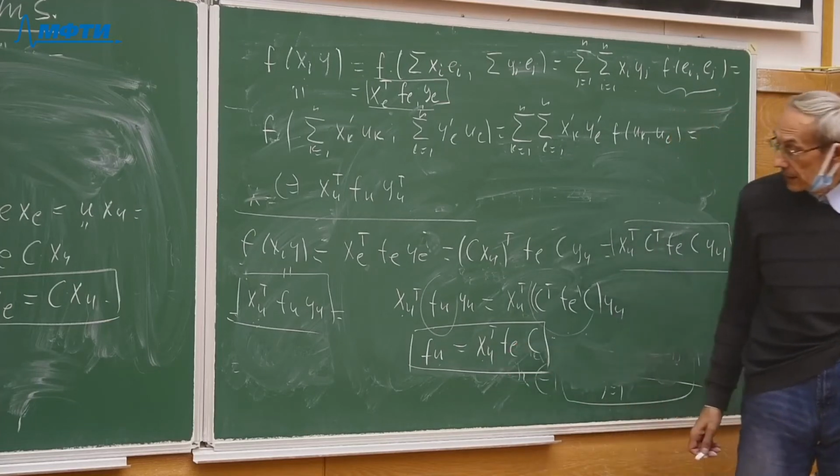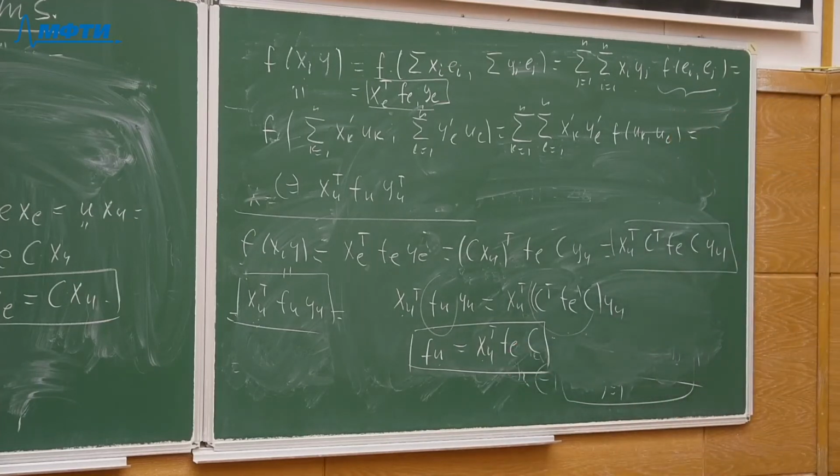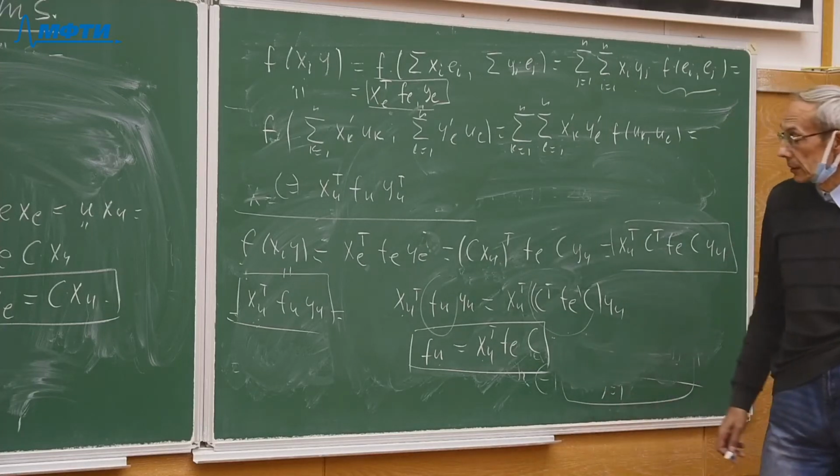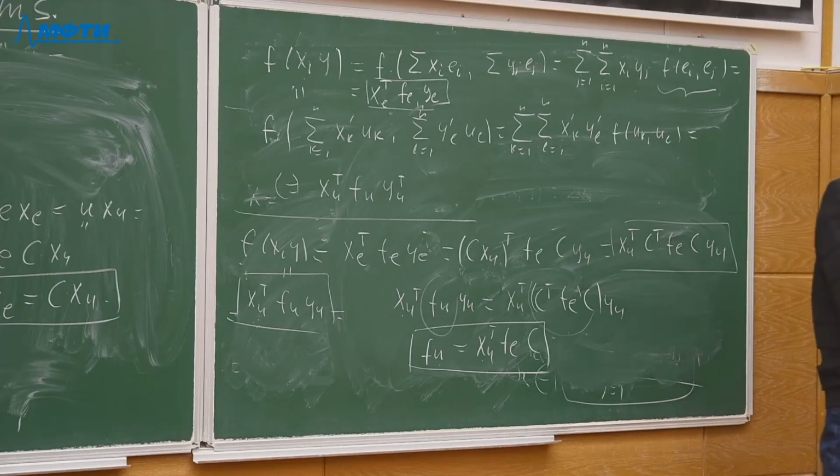It is easy to see that this formula is different. If we compare this formula with the formula for changing the matrix of operators, we can see that these two formulas are different.